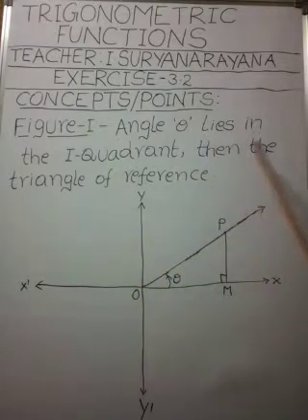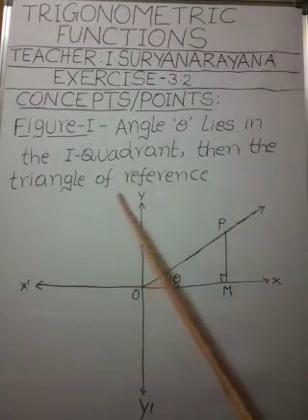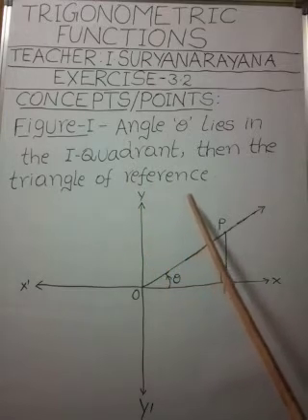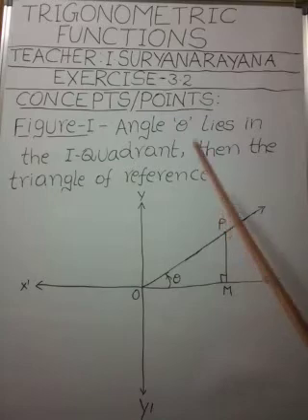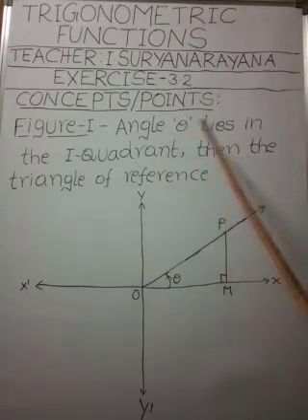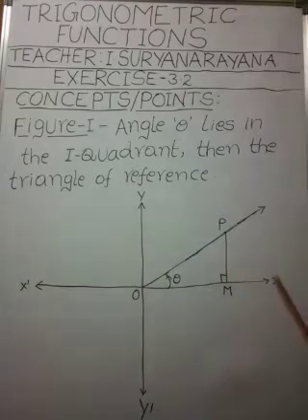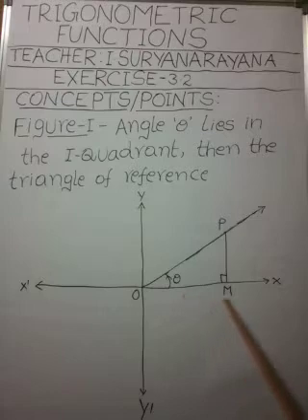In that case, we have to draw a triangle of reference. Observe here what is given: angle theta lies in the first quadrant. So here angle theta is in the standard position.